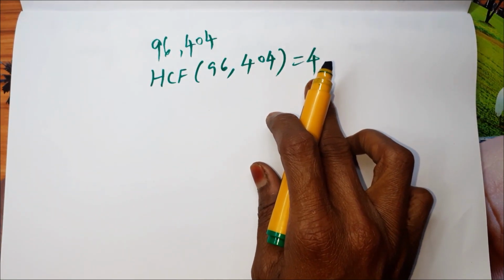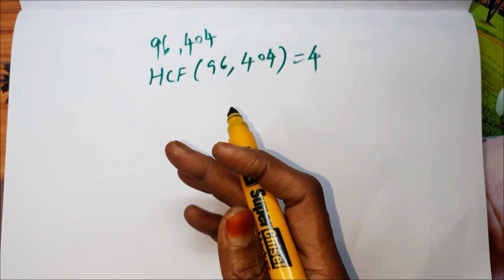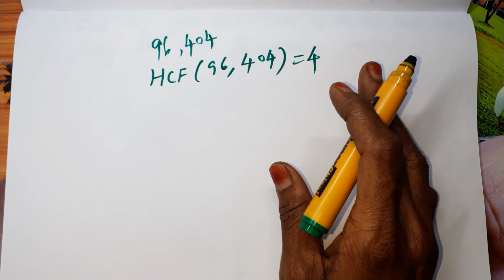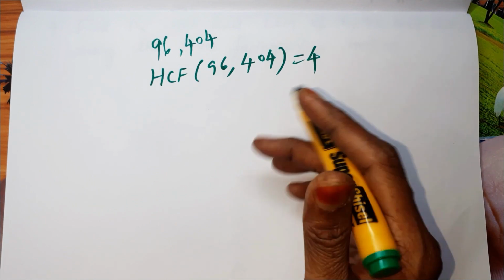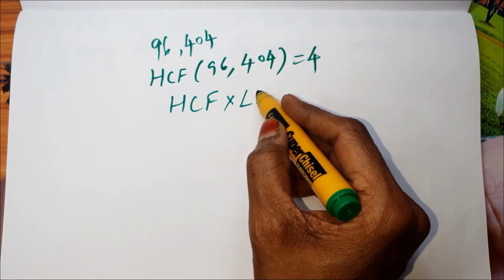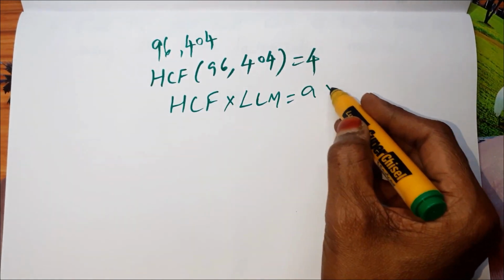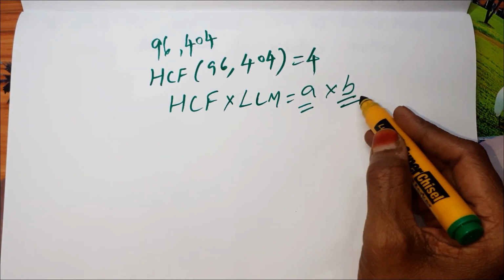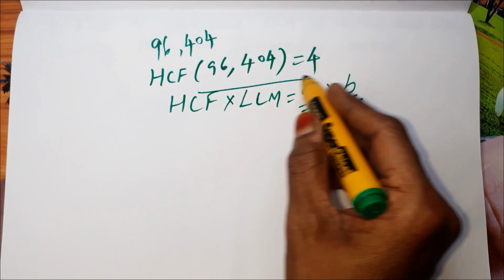the first question. After finding this, we have to find the LCM. We can use the property. Directly we can find the LCM, but here we are going to use the property. What is the property we have? HCF into LCM is equal to product of the numbers A and B. Here A is equal to 96 and B is equal to 404. HCF we got as 4.